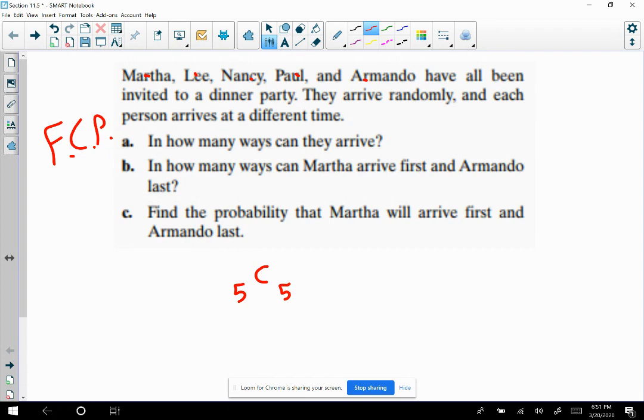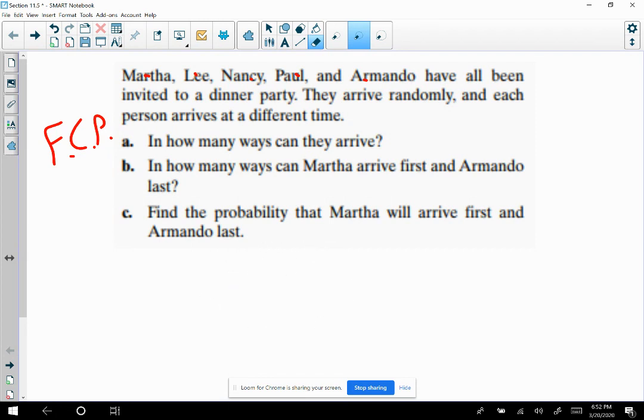So with that being said, if you actually went into the calculator and ran 5C5, you would end up finding that the answer to this is 1, and that doesn't make any sense. All the different ways that my guests can arrive, there's only one way for them to arrive? No, that's just weird. So that's why this is a fundamental counting principle, because this combination idea just doesn't make any sense.